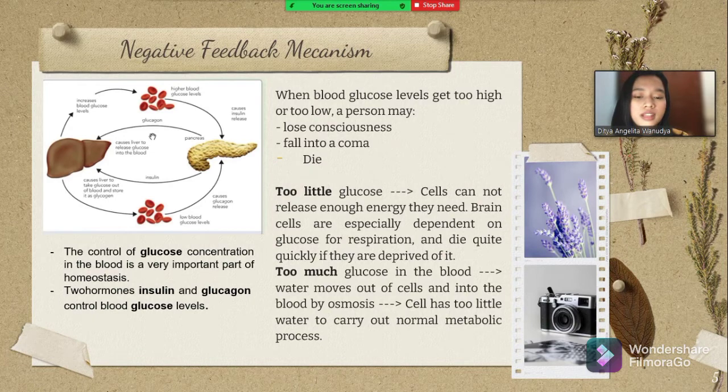And then cells have too little water to carry out normal metabolic processes. And when blood glucose levels get too high or too low, a person may lose consciousness, fall into a coma, and die.